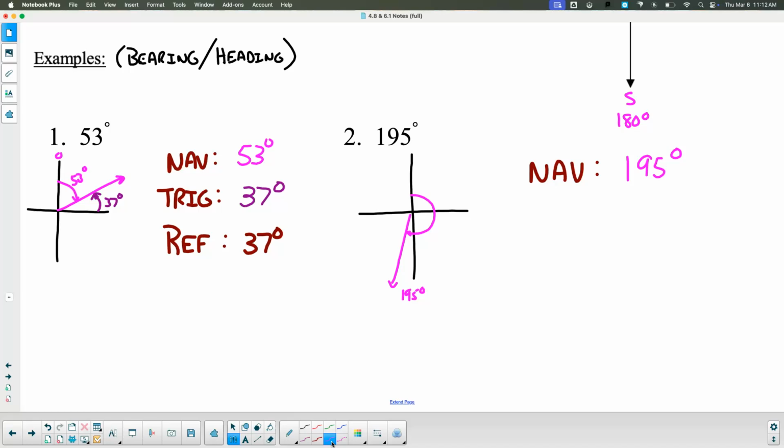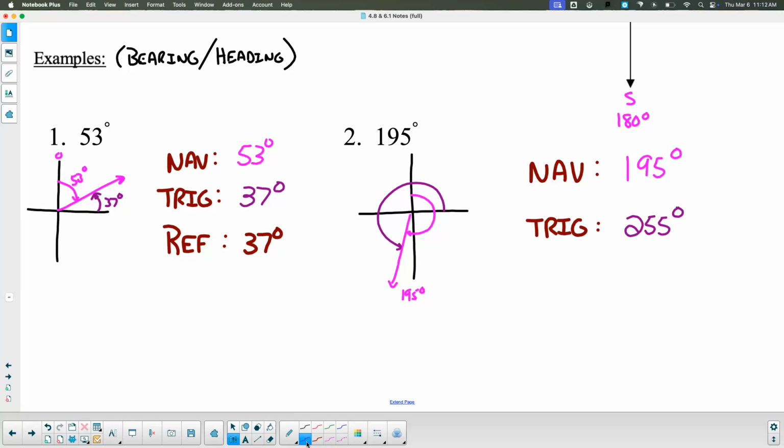What is my trig angle? 255? Because I would start here and I have to come all the way around here. That would give me 255 degrees.